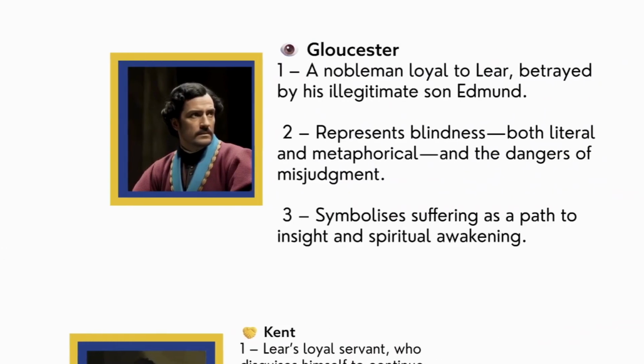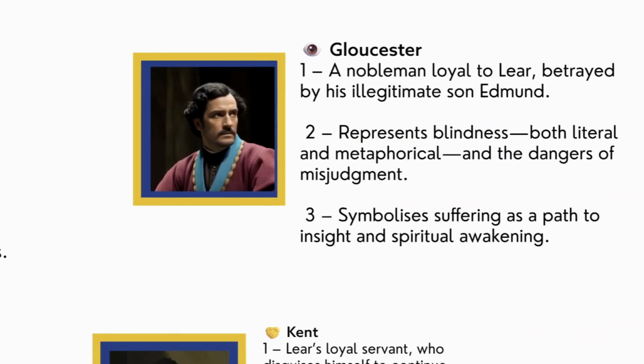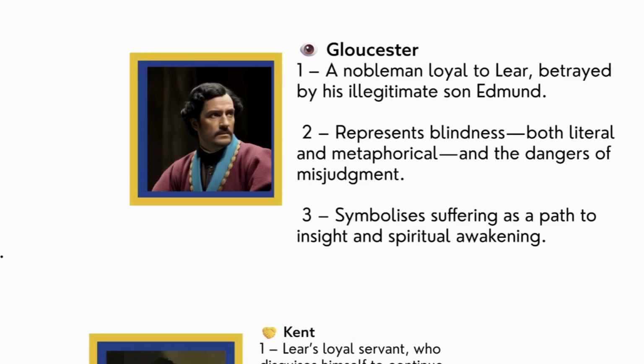Then we have Gloucester, an extremely tragic figure. So Gloucester is a nobleman loyal to King Lear, but he's ultimately betrayed by Edmund, his illegitimate son. So he represents blindness, both literal and metaphorical, because as you'll read in a really horrendous scene, Gloucester has his eyes taken out.